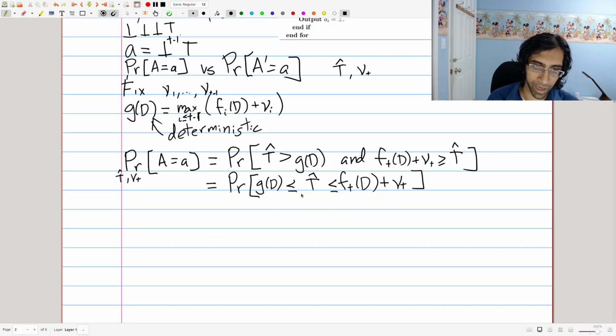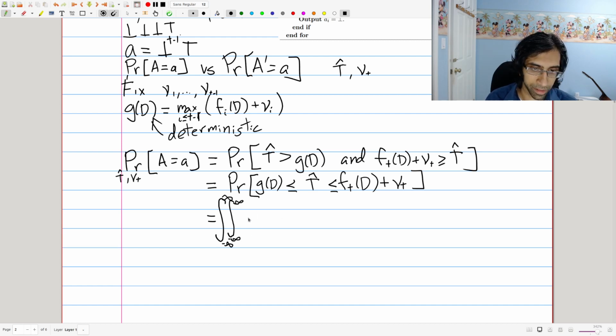Remember, this is a probability, so we're going to write it as an integral over the realizations of t hat and nu of t, and we'll use an indicator to get a 1 for when this event happens and 0 otherwise. Let's write this out in a little more detail. These are integrals from minus infinity to infinity.